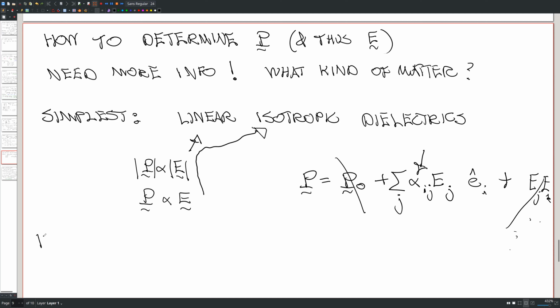Okay, so for linear isotropic dielectrics, P is going to be some multiplicative factor of E. Okay, and this number is traditionally called chi E. Okay, chi E. So this is the electric susceptibility.